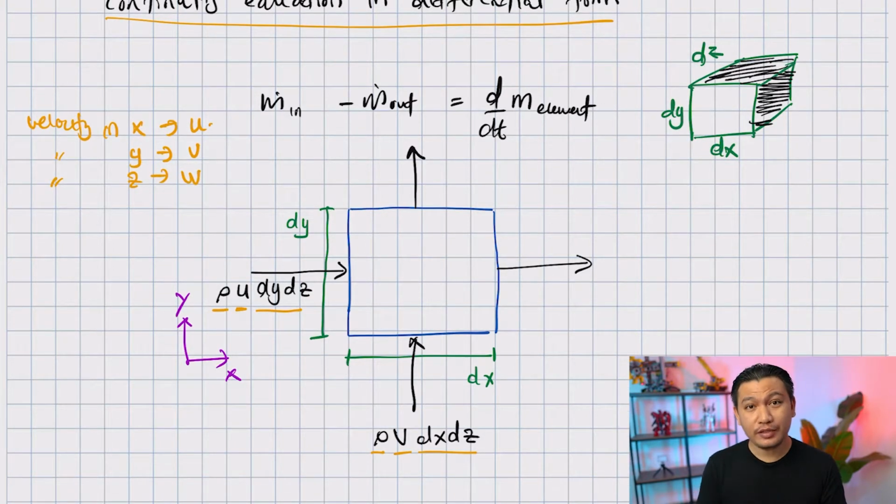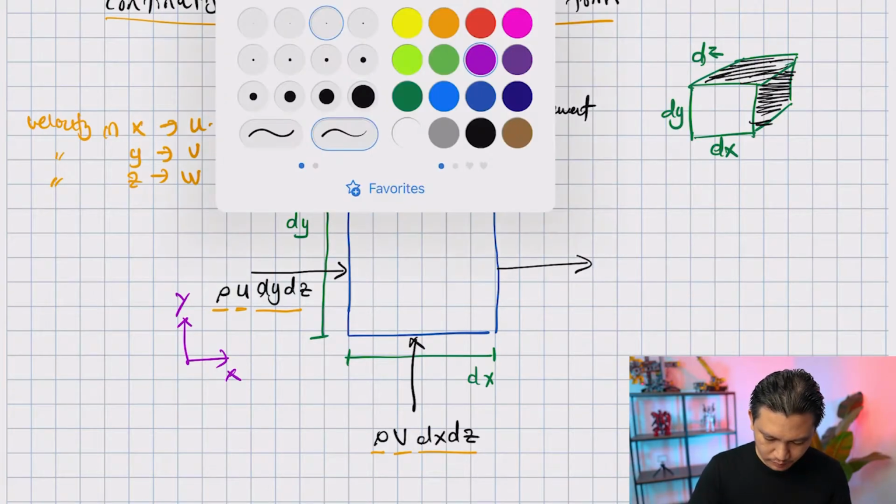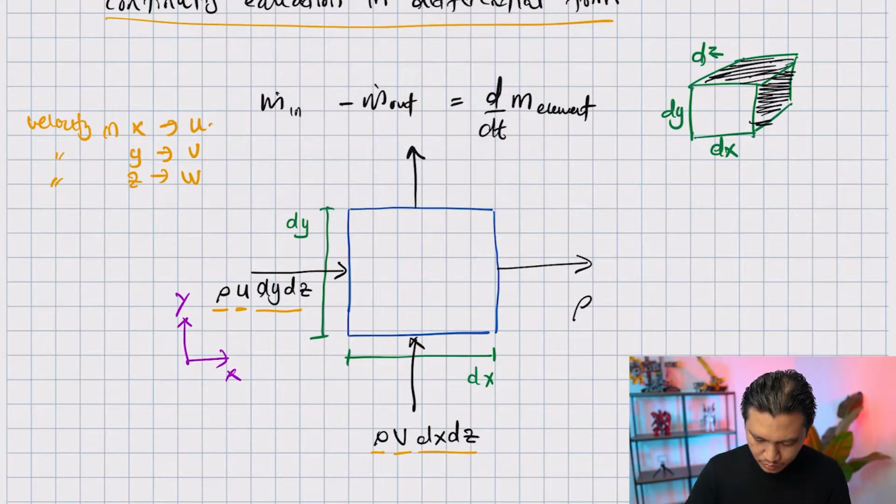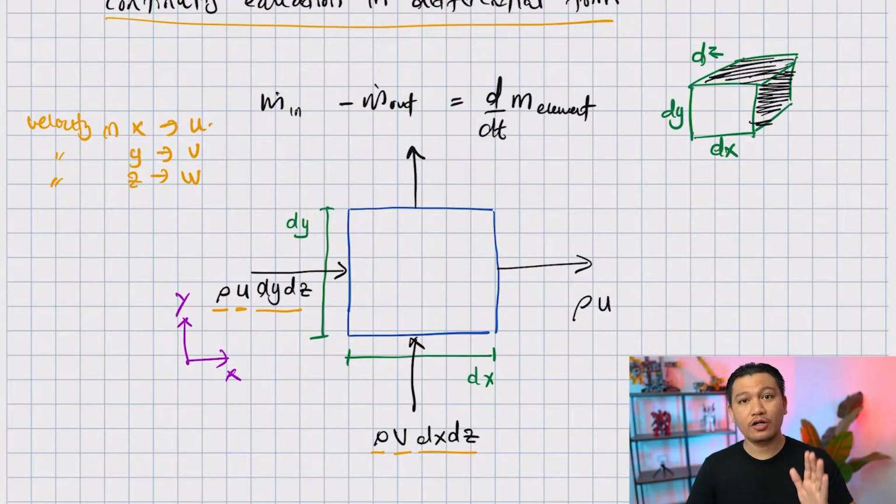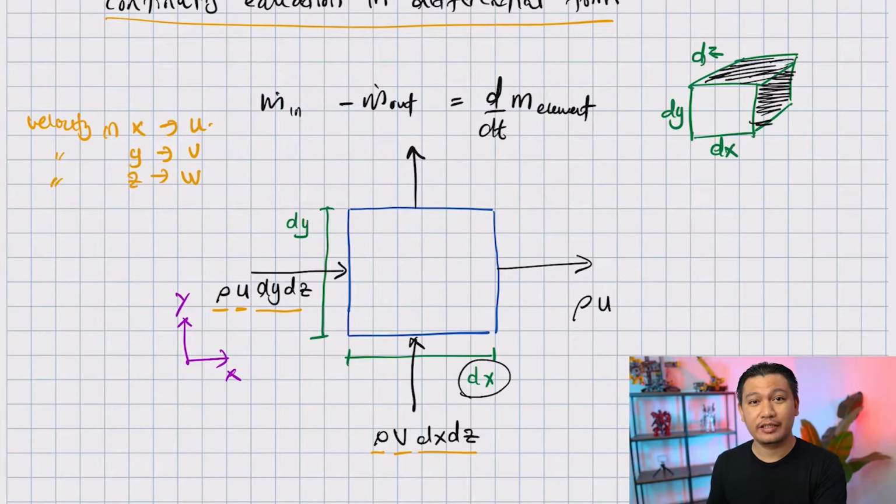So now, the flow that goes out of the control volume in x direction is still rho u, but because the flow has traveled along this distance, which is dx, it has traveled in x direction, we're going to assume that rho u is going to change its value a little bit.